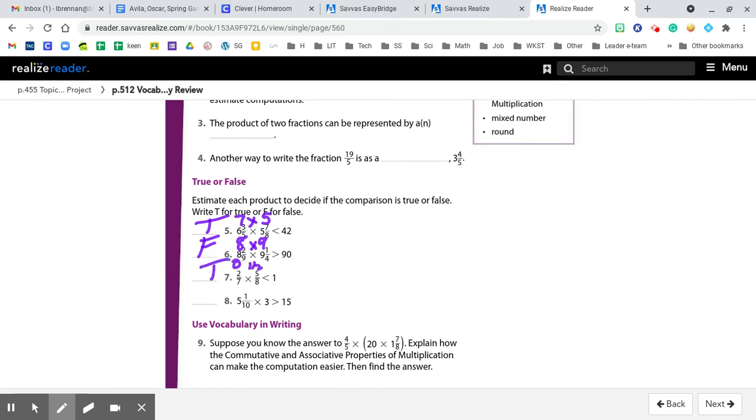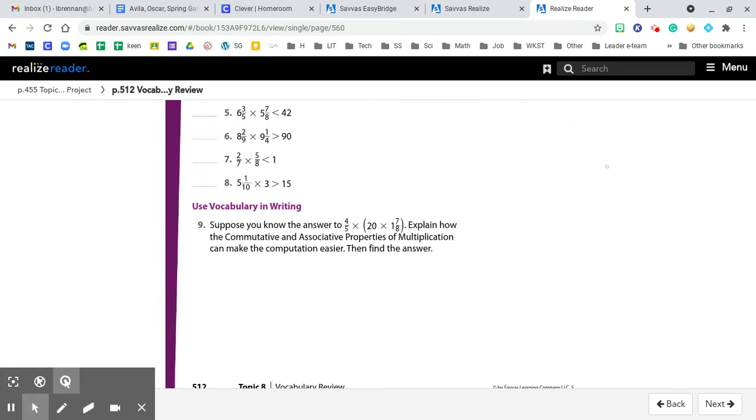Two proper fractions multiplied together are going to have a value less than 1. 5 1/10: remember, 1/10 is a unit fraction, so it rounds to 0. So that would be like 5 times 3 is 15, but it's a little bit bigger than 5, so it's 5 1/10. So that value would be a little bit larger than 15.